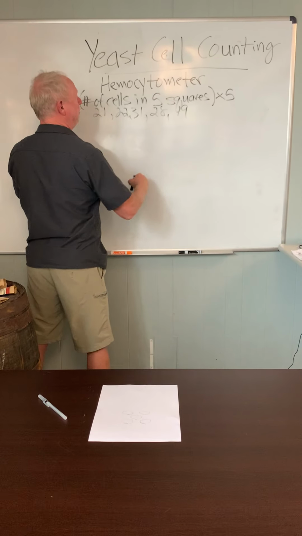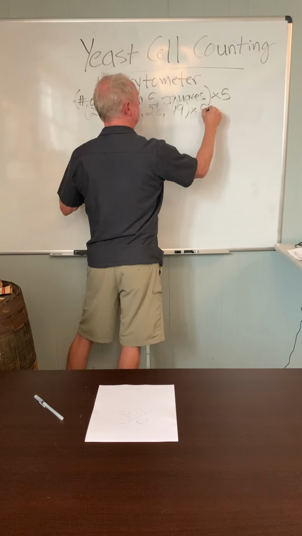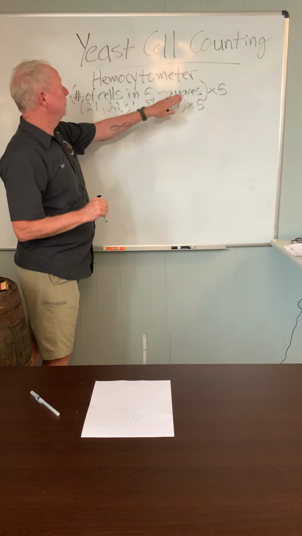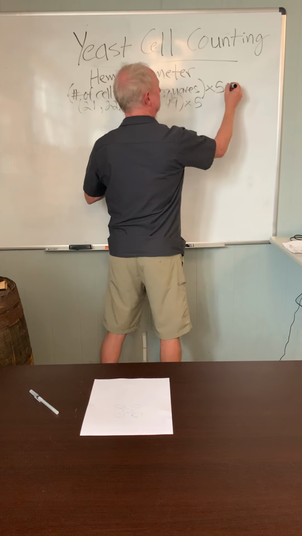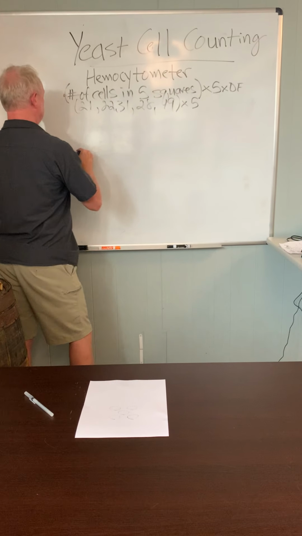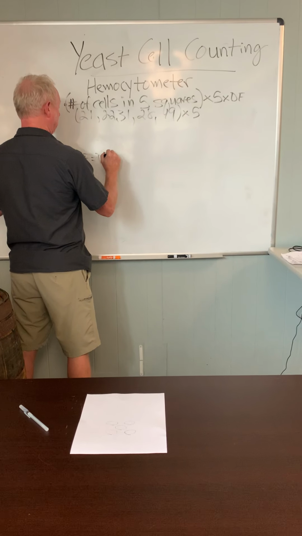We add these up, multiply that times 5, okay? Then we're going to multiply that times the DF. Let's put this down here. DF equals dilution factor.